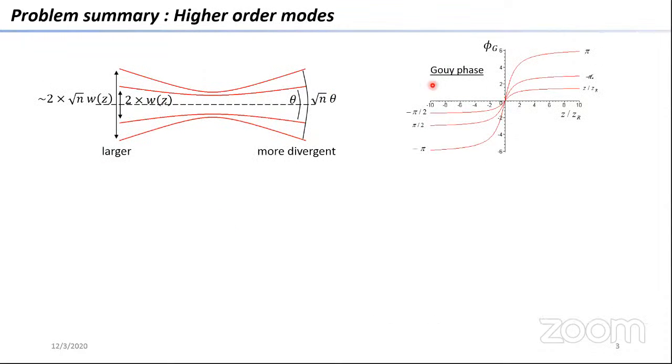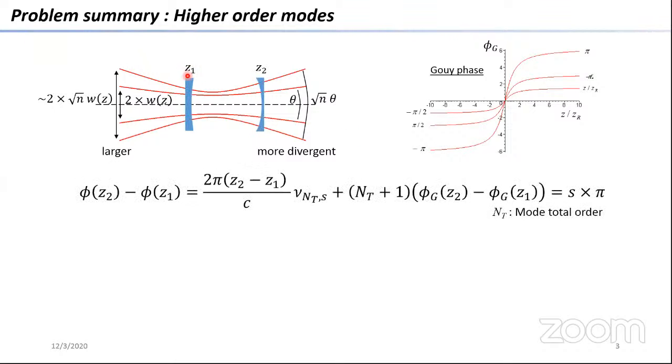Higher order propagation modes, with respect to the fundamental mode, are larger and more divergent. They also have a Gouy phase which varies more than the fundamental mode. Inside a cavity, they will have a resonant frequency nu, which depends on the total order of the mode.